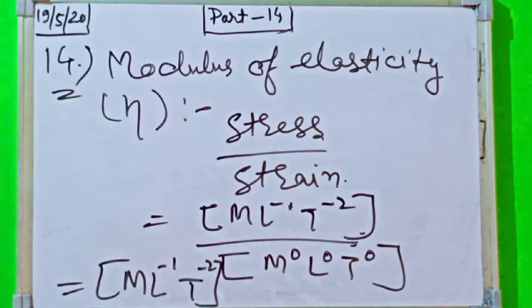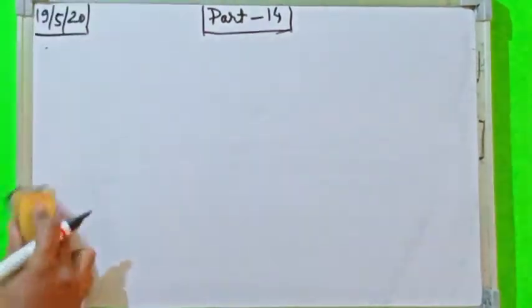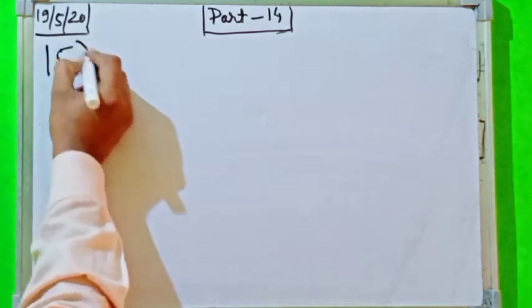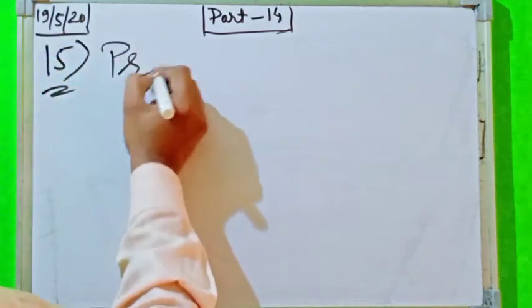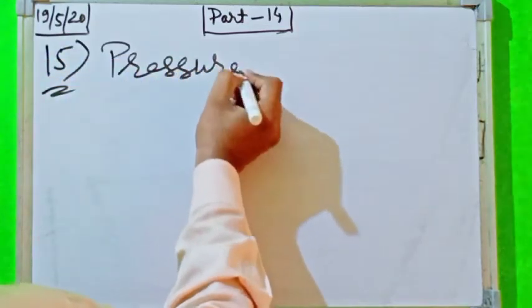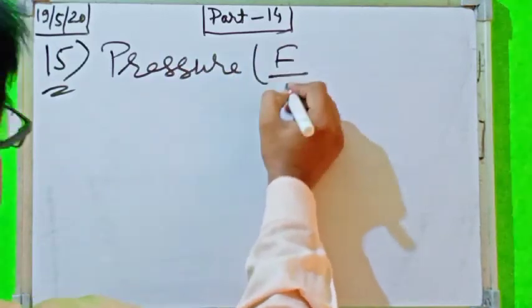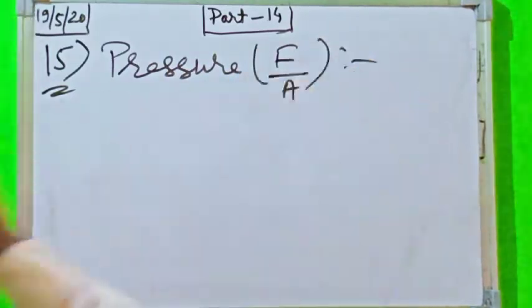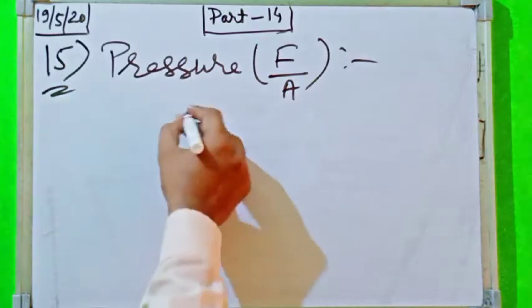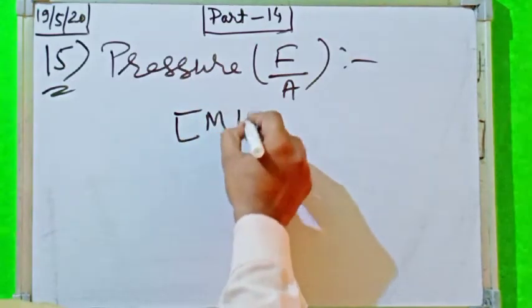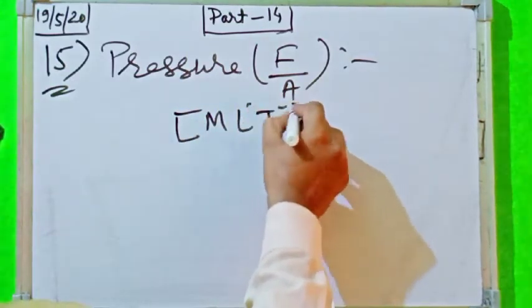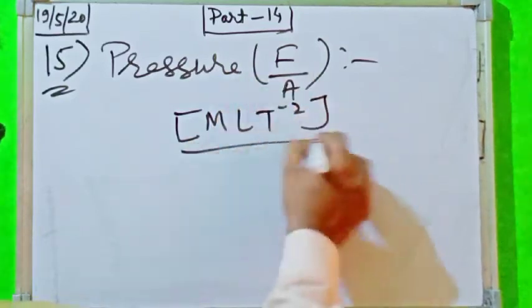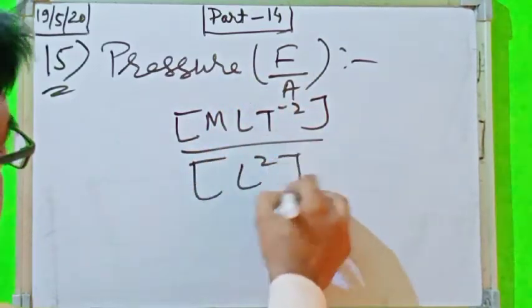Now pressure, that is force upon area. Tell me, force upon area. Force has dimensional formula MLT^-2 and area has dimensional formula L square.